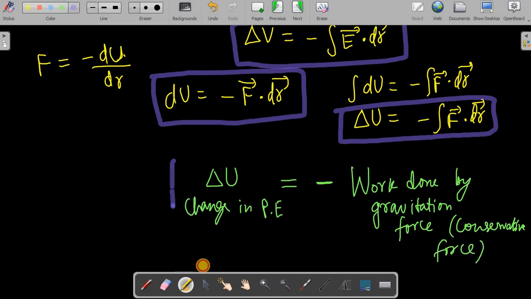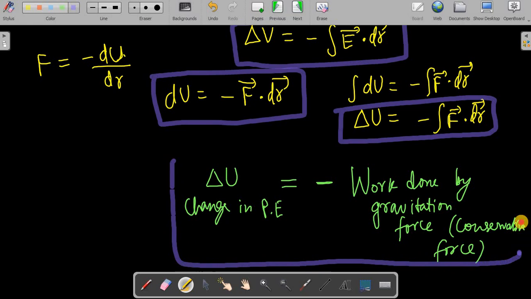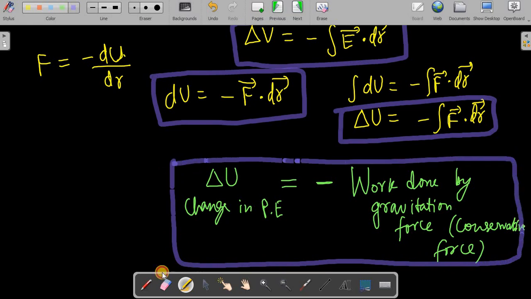This rule is valid in general for any conservative force. Okay, the change of potential energy is equal to minus of the work done by a conservative force.